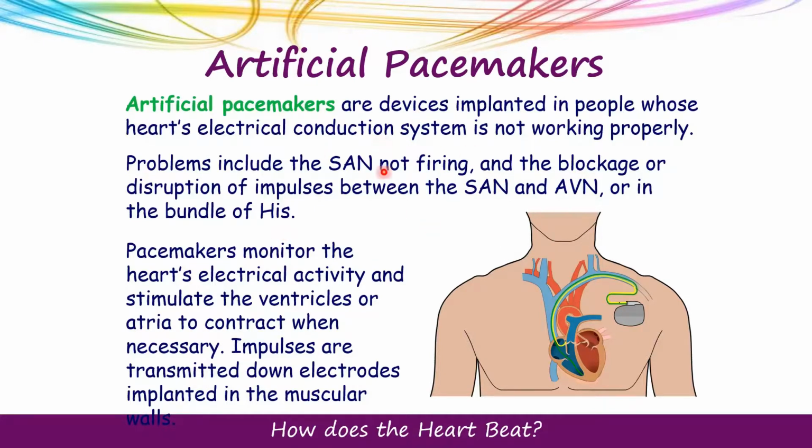Because of any of these, a pacemaker has to be implanted in people, and these pacemakers are actually implanted in a muscle. They monitor the heart's electrical activity and stimulate the ventricles or atria, depending on the situation, to contract when necessary. Impulses are transmitted down electrodes implanted in the muscular walls. So you can see here the pacemaker implanted, and see how it controls the electrical conductivity of the heart.